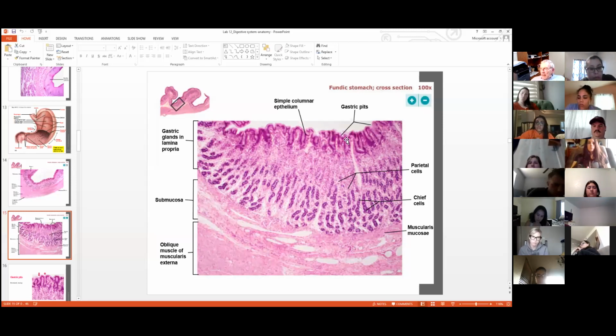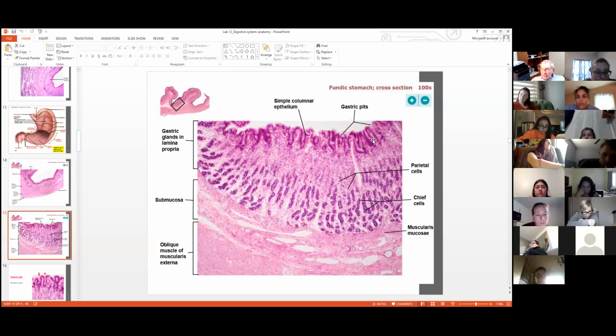We should be able to recognize that this is stomach tissue. We should be able to recognize that this little undulation here is actually the gastric pits, and it's not villi like the small intestine has.